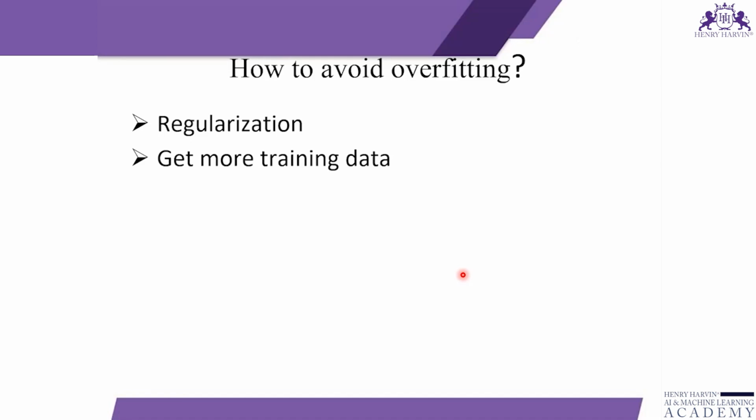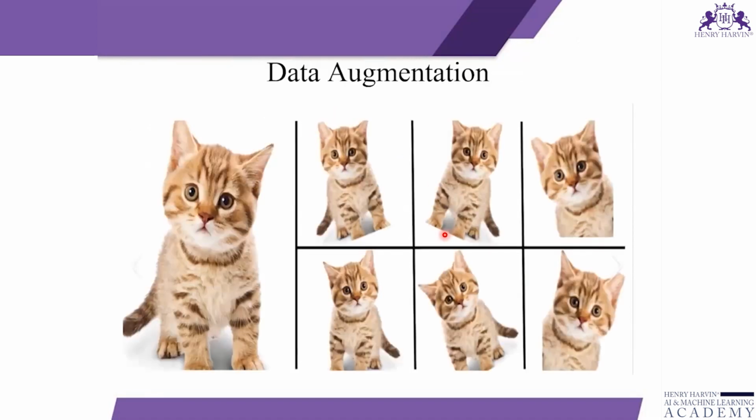So now what is this getting more training data? We should have a deeper understanding of how to avoid overfitting by getting more training data. Clear? So this is what we are going to see. Why did I pause over here? Because this is really important to understand, right?